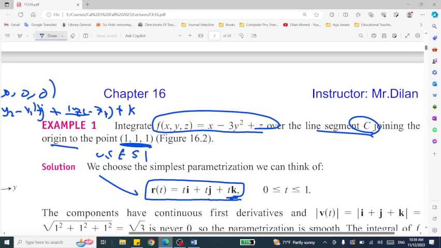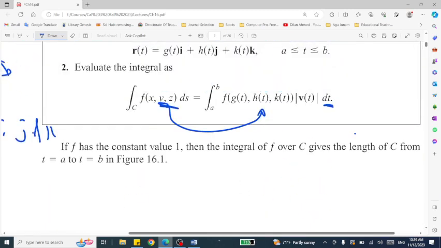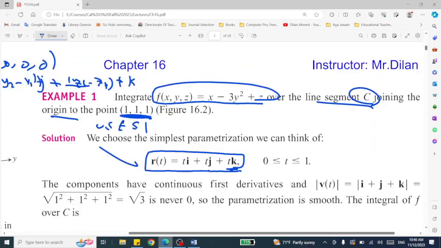Good. What else? So it's time to find what? V(t), you are right. We need to find V to change ds to get v dt. Now, let me do it. V equal to what?